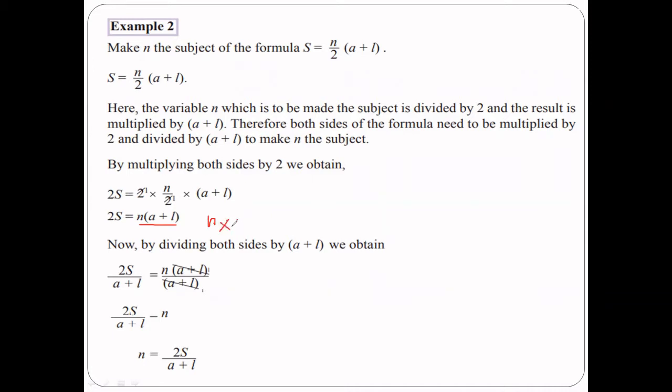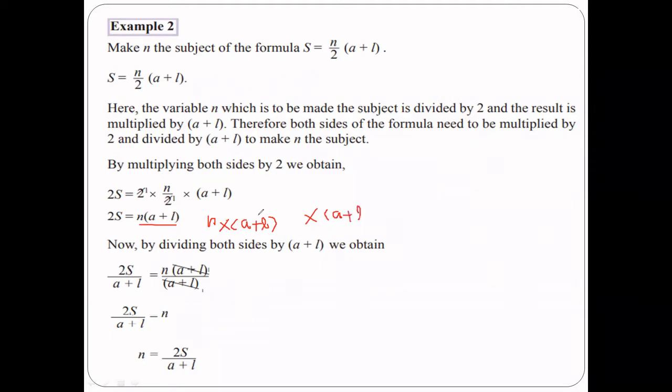So this is n into a plus L. So the mathematical operation here is, we have to keep n as it is, so multiply by a plus L. Mathematical operation here is multiply by a plus L.